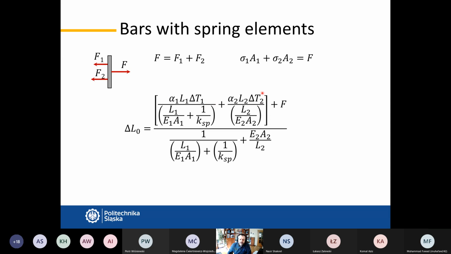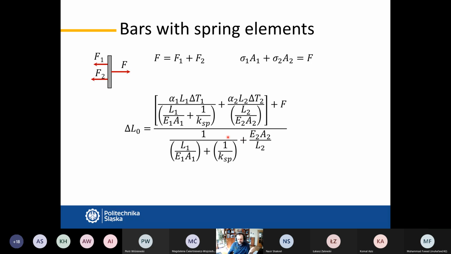This is the thermal elongation of member number 2. And there is a sum of the reciprocal of the stiffness constants for the upper system, the bar with spring, and the same for the lower system, where there is only the bar.